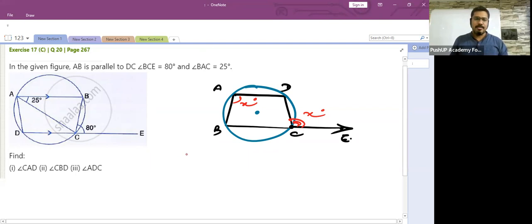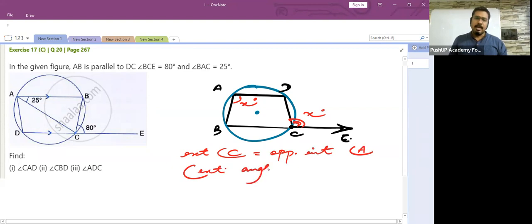Kindly make a note of this. So here you can say exterior angle C is equal to opposite interior angle A. And this is known as the exterior angle property of a cyclic quadrilateral.